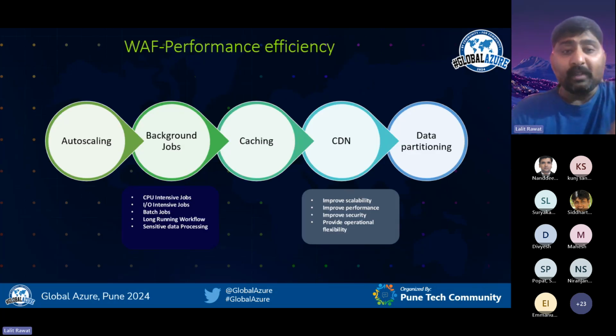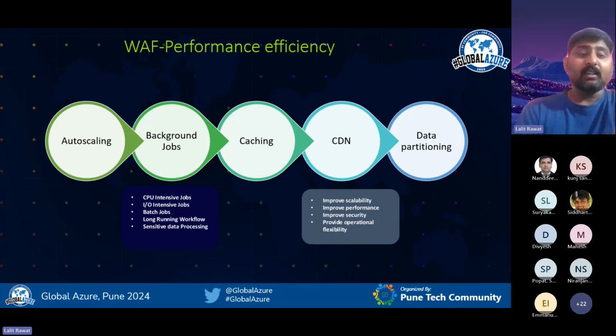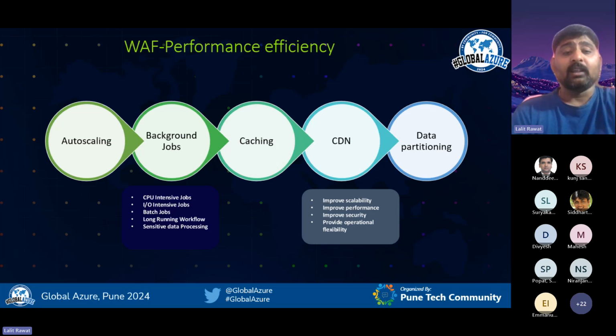the performance efficiencies. How can you increase performance efficiency, with autoscaling and automations? If you're running any jobs in the background, you have to understand whether they are CPU-intensive or IO-intensive jobs, batch jobs, or long-running workflows.